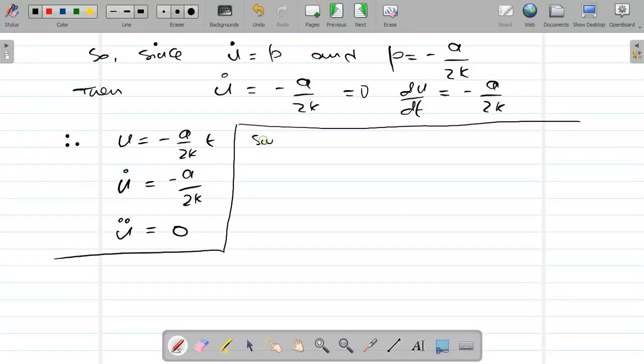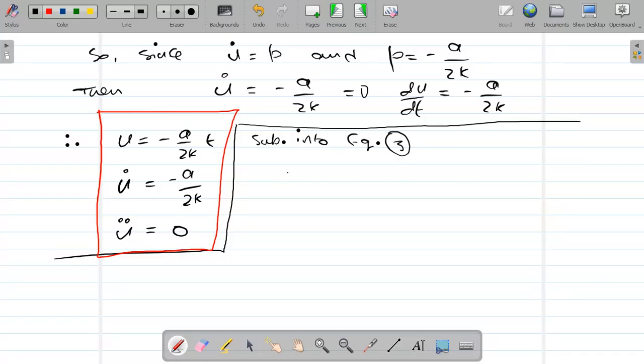So we substitute, well, let me just change colour. So we substitute all of these into equation 3, which is u double dot plus 2 kappa u dot plus a u, and see if that left hand side equals 0.